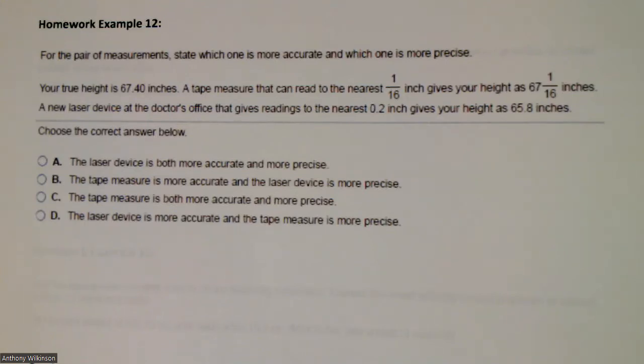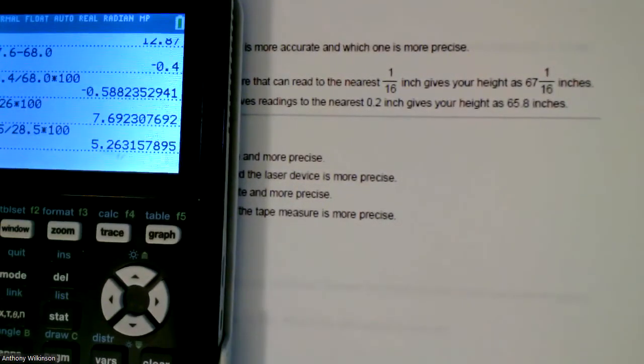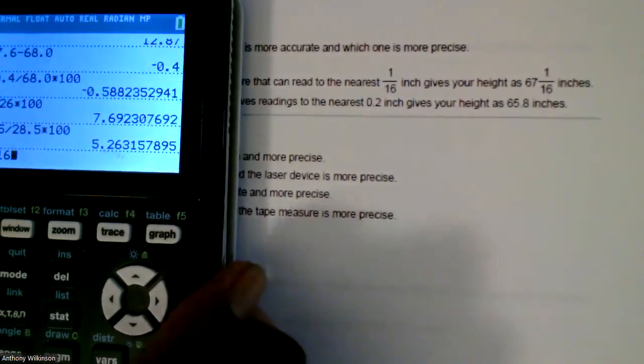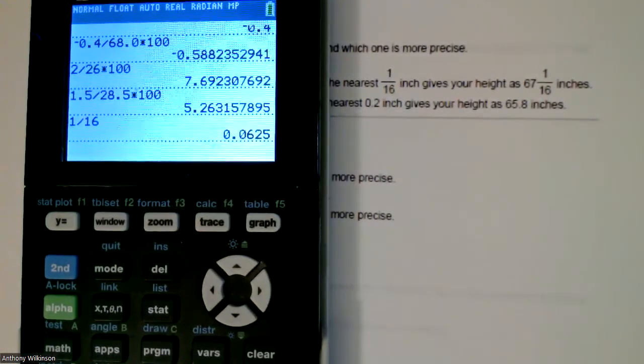Well, a tape measure measuring 1/16 of an inch gives us 67 1/16 of an inch. But then you have that laser device that gives readings to the nearest 0.2 inch. If I do 1 divided by 16 as a decimal, this will be 0.0625.